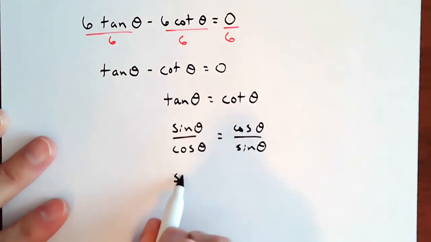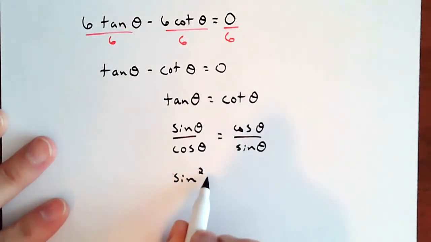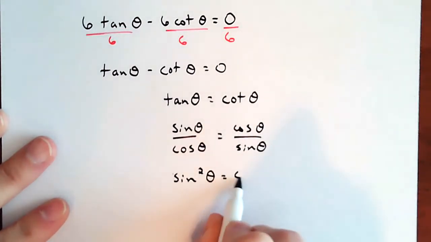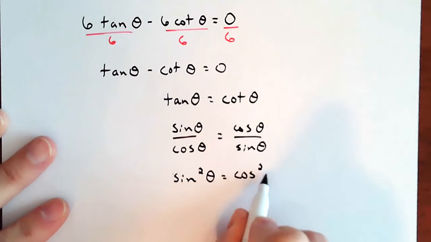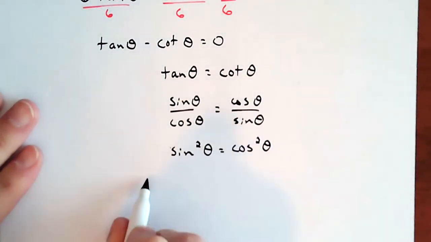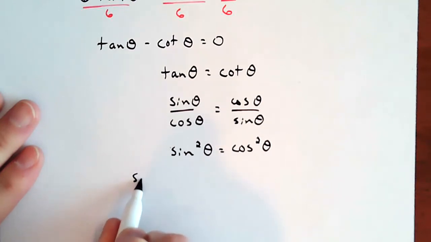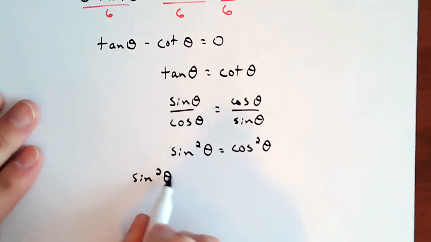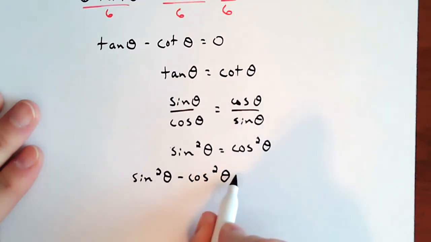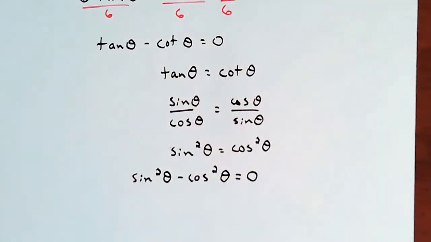So I'm looking at sine squared theta equals cosine squared theta. And then I can pull them together. So we're looking at sine squared theta minus cosine squared theta equals 0.